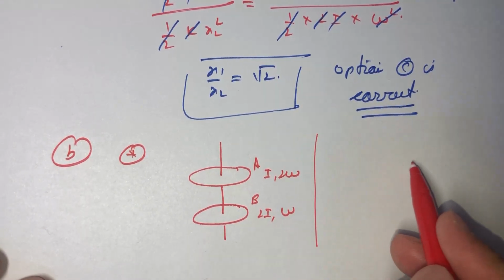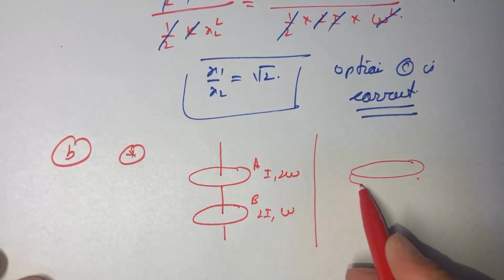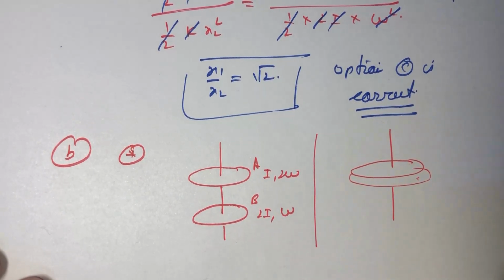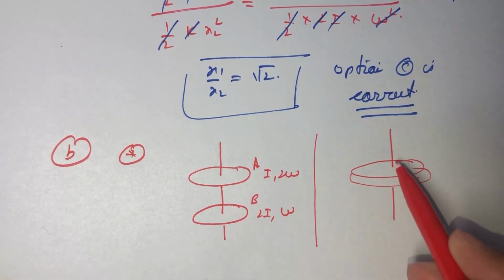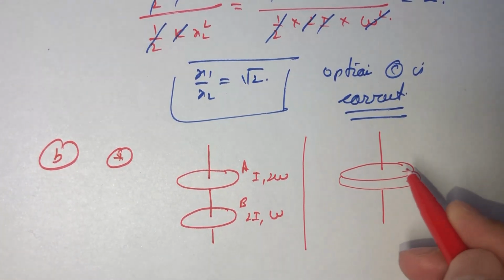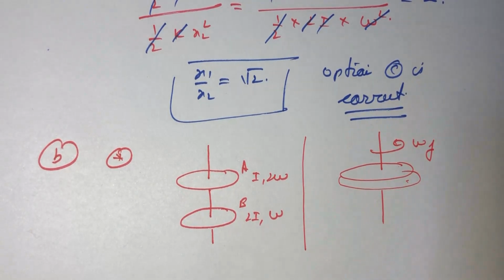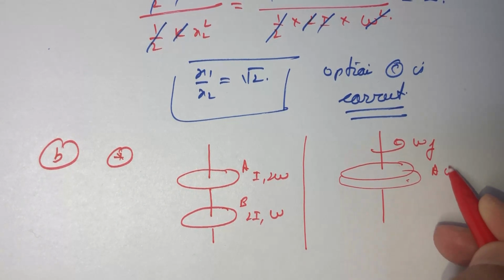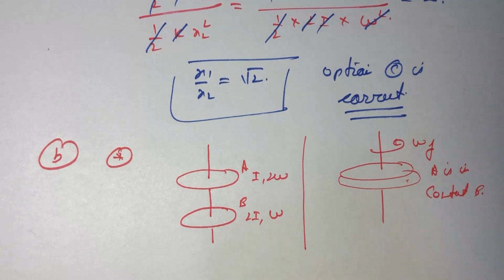In the final condition these two are brought together, so they will be something like this. After some time t, obviously both will be rotating with the same angular velocity, so let that angular velocity be omega f. Here A is in contact with B.